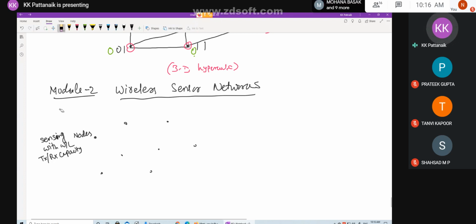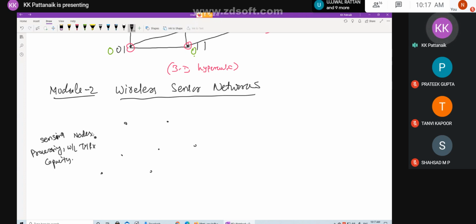So we can write: sensing nodes with processing, transmission and receiving capability.